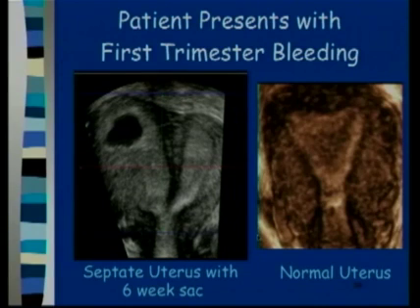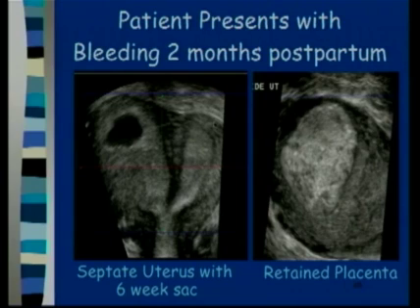This patient first presented in A with bleeding at 6 weeks. And I just show you a normal endometrium for you to realize what it looks like in comparison to this patient that has this big septum coming down the middle of it. Well, she actually went on and did fine, ended up delivering at about 32 weeks gestational age, which is not uncommon.